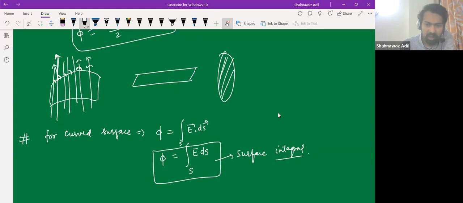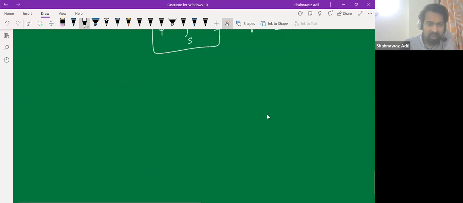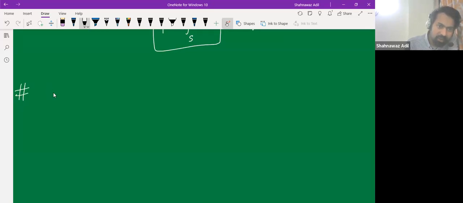And what do we have? We have this Gauss law. What does it say?